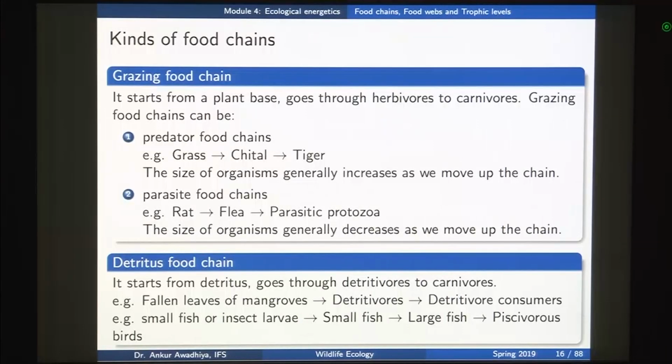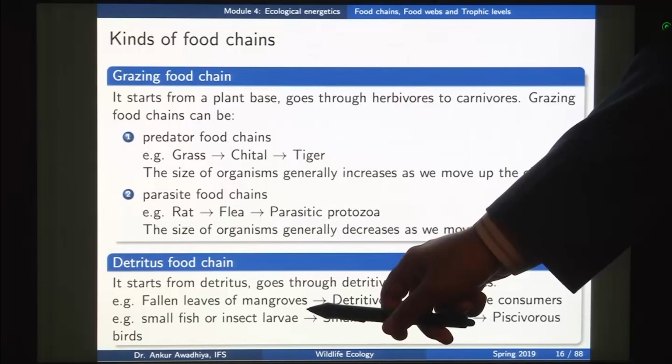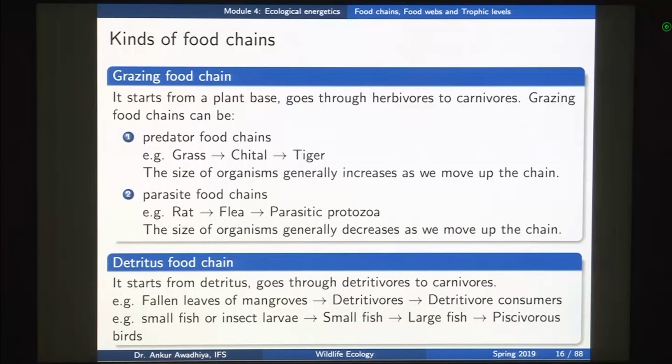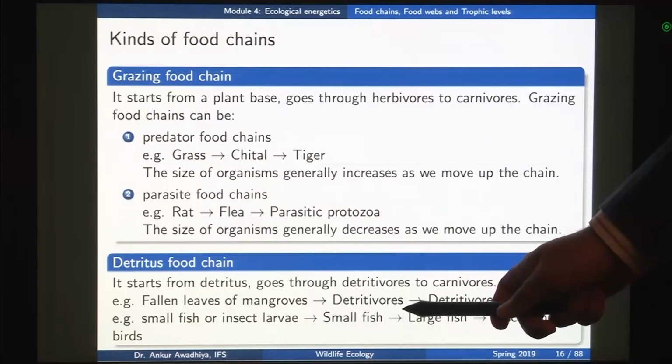Now, in the case of a detritus food chain, you have detritus followed by detritivores followed by carnivores. An example is the fallen leaves of mangroves. Mangroves are plants that grow in the vicinity of the seashores or ocean shores, and when the leaves of these plants die and fall down, they get into the water and there they are consumed by the detritivores.